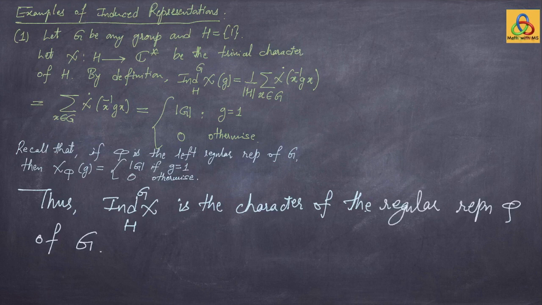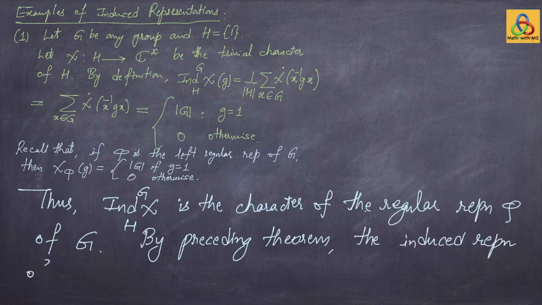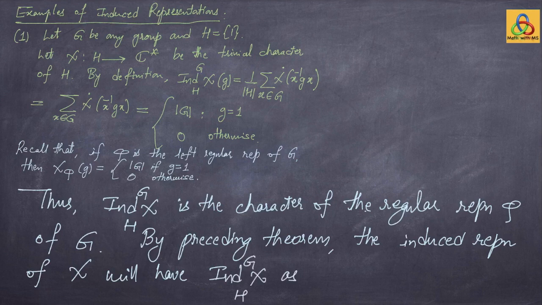But by the preceding theorem, the trivial character chi will induce a representation that we call the induction of chi, and the induced representation will have the induction of chi from H to G as its character.